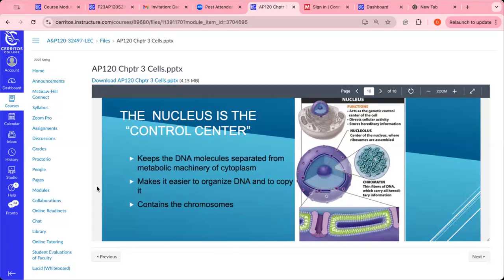The nucleolus is the center of the nucleus where ribosomes are assembled. So there's a center of the nucleus called the nucleolus, like a smaller nucleus, where the ribosomes get produced.